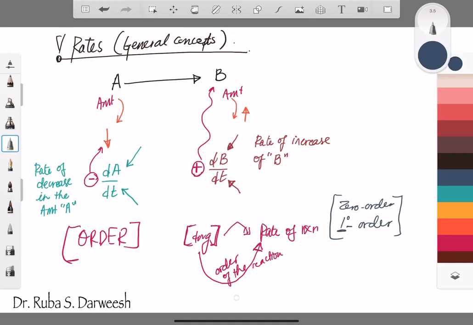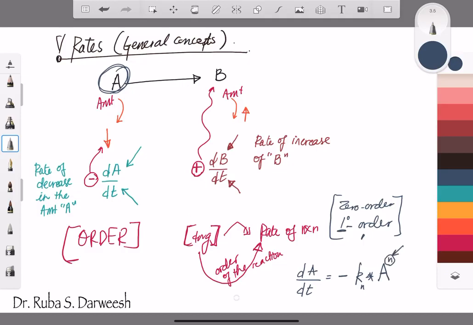Okay, so let's start at the beginning. If I want to write the rate of the reaction of A, whatever the order of the reaction, it will be dA over dt, and it will be minus because it's decreasing, and it will be K, the constant of the reaction, multiplied by that amount to the power of that order.